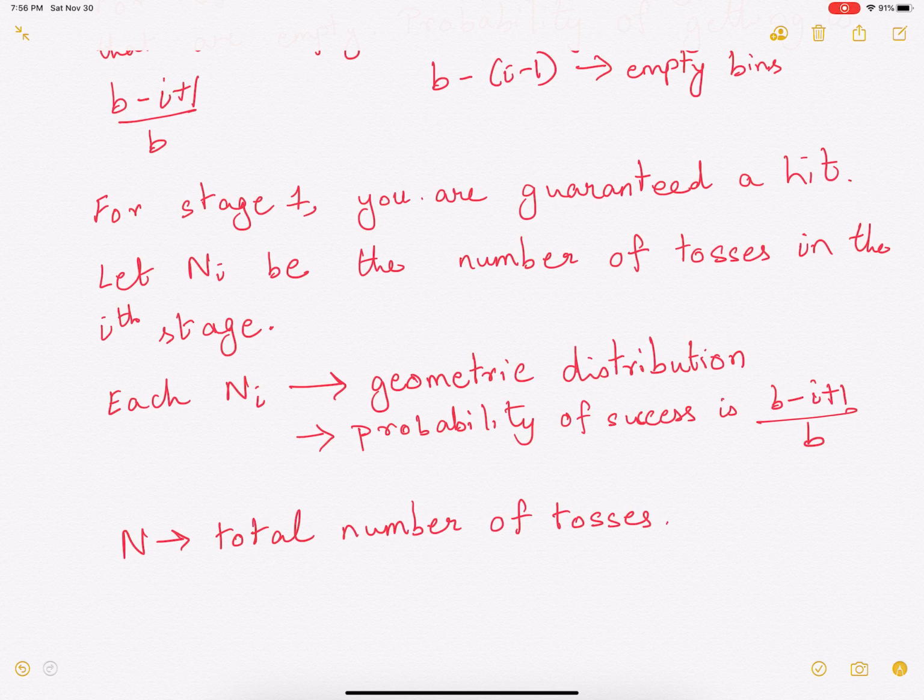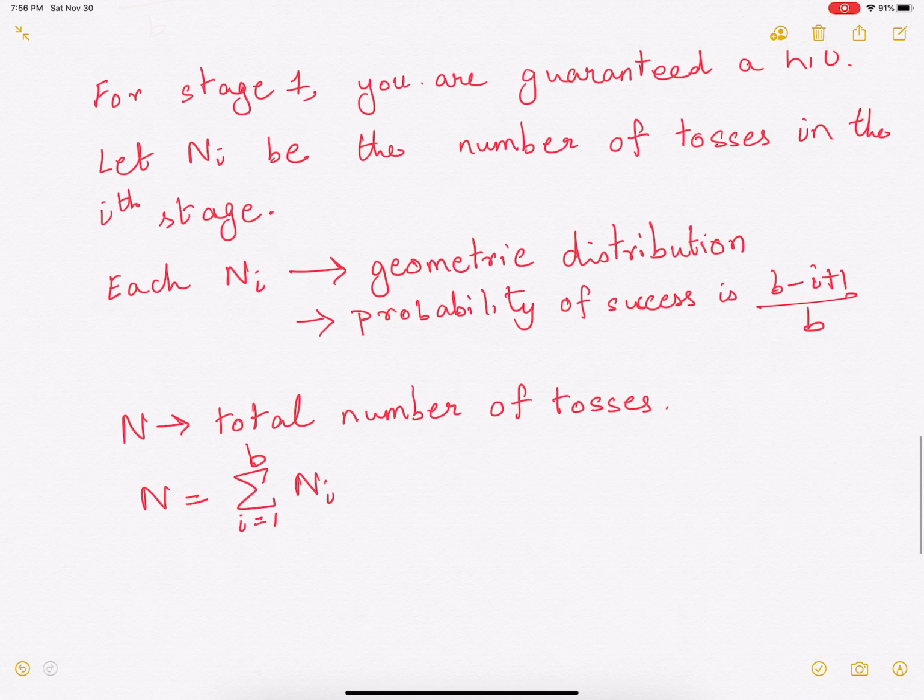Therefore n is nothing but the summation i going from 1 to b of Ni, because there are b stages, because Ni is the number of tosses that you need in the ith stage, and there are going to be b such stages starting from the first hit all the way to the bth hit. Now what we need to find here, we are trying to find the expected number of tosses that are needed. So n itself is a random variable which is a summation of these b random variables, n1, n2 all the way up to n subscript b.